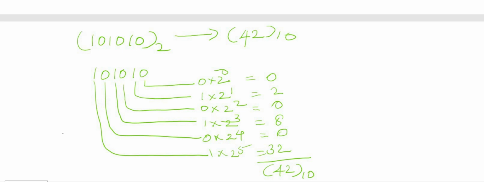Let's do the conversion decimal to binary now. For that we can write the number 42 here, divide that number by 2, so 21, 0 remainder.